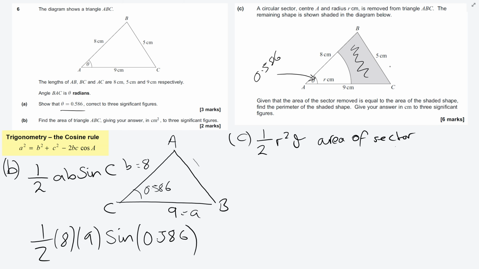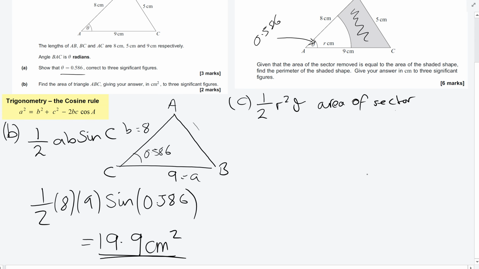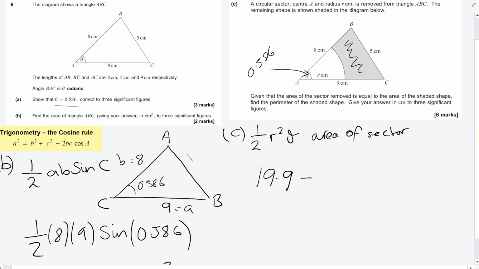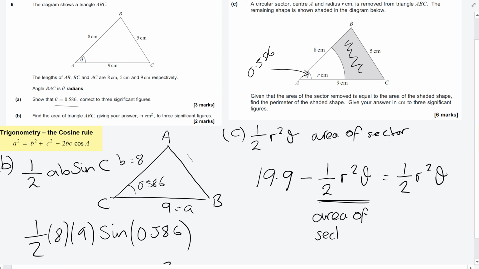Now, if we take our 19.9, our area of the entire thing, and we subtract this formula here, we get the same formula. So this, if you like, is the area of the sector.